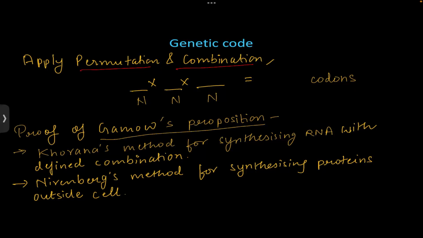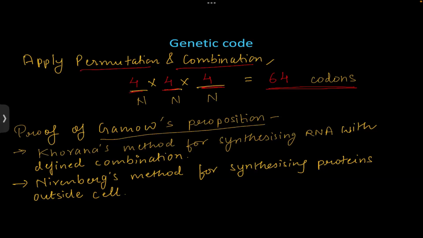So we can say that there are three positions, and at each position there could be any of the four bases, right? Here also any of the four bases can come, here also any of the four bases. So if we do this multiplication, we'll see that in theory there are 64 codons, or 64 such combinations of nucleotides or bases possible, that actually specify each of the 20 amino acids.